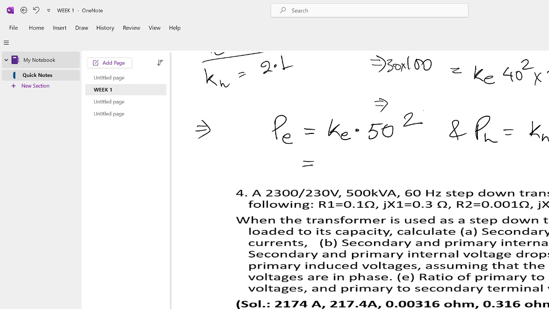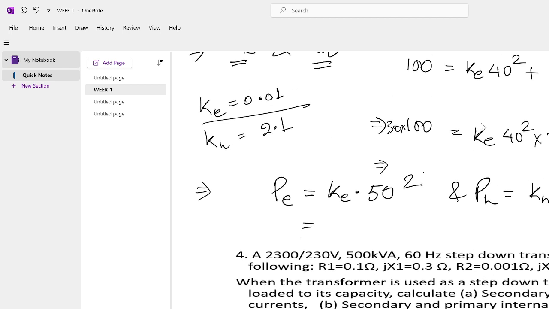That means it is 50 squared into 0.01, that is 25, and 2.1 into 50, that is 105.